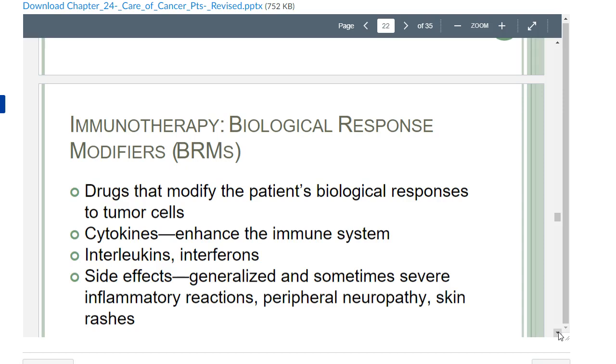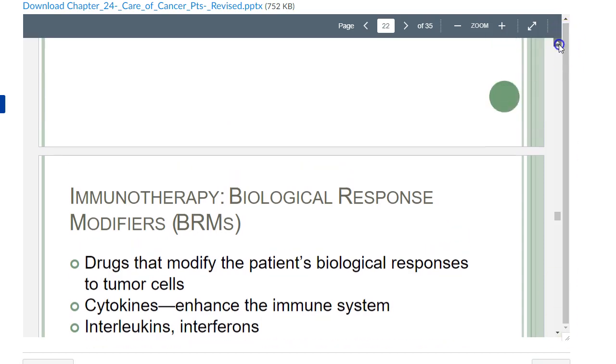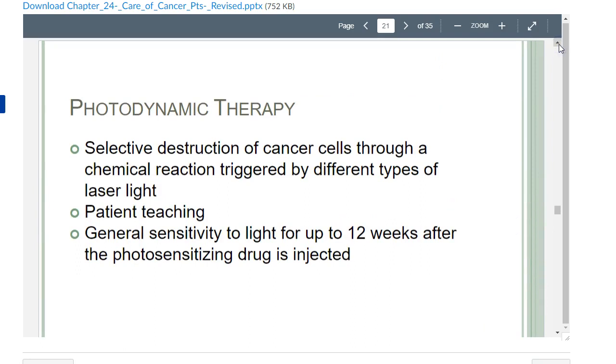And obviously when they have these treatments with photodynamic therapy, we want to make sure patients bring proper clothing so that they're not being exposed to the sunlight. And what's good to know is that it helps to decrease the size and allows a more complete tumor removal, okay?